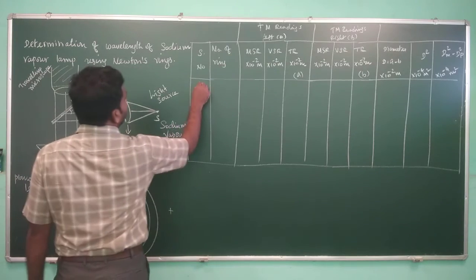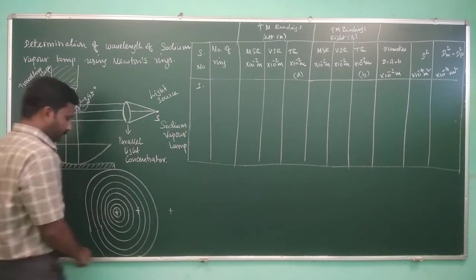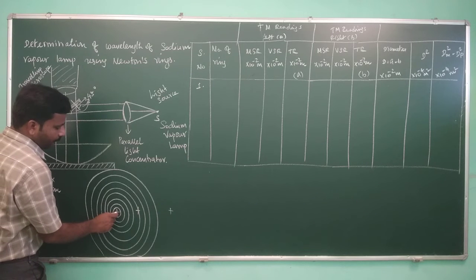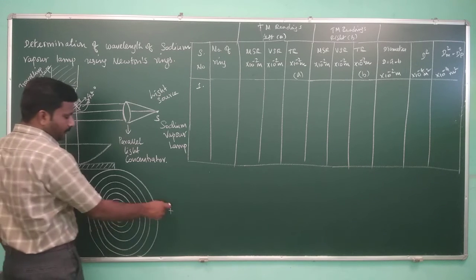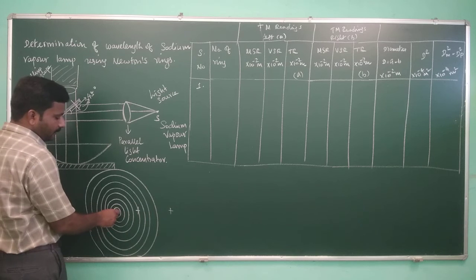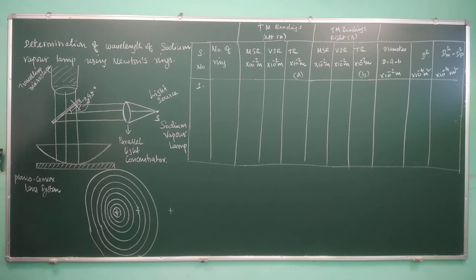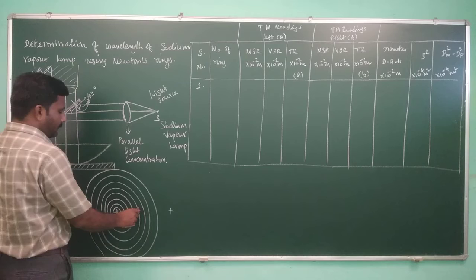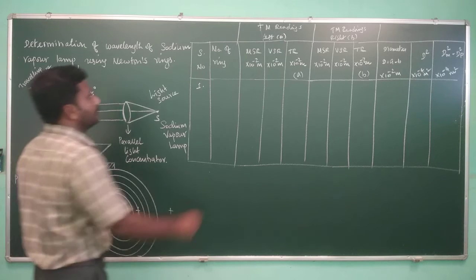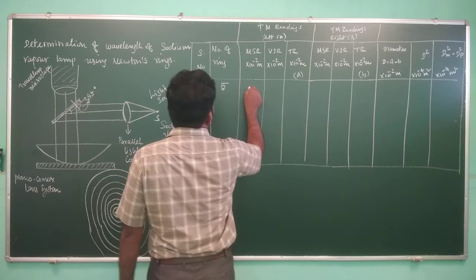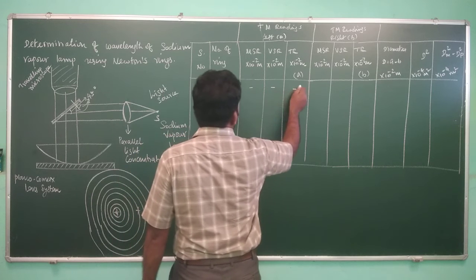In the rings experiment, what we have to do first, as I said, is move the crosswire in the forward direction, to the right side from the center. So we place it on the 5th dark circle and measure the horizontal reading, right? So for the 5th ring, we write the main scale reading, vernier scale reading, and total reading.